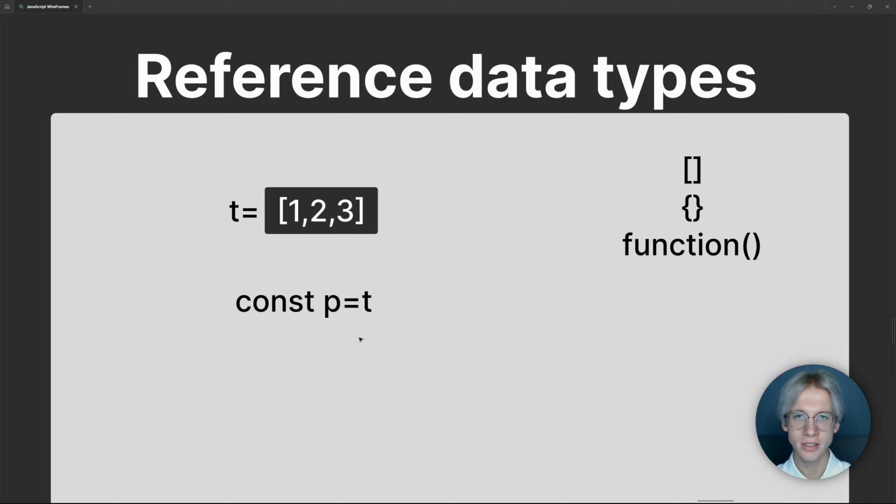So in this case, JavaScript tries to find the variable t, then it looks at the data type that this variable has. In our case, this is an array, which is a reference data type. At this point, JavaScript doesn't allocate any new memory for this variable. And then we just point this variable to the previous variable's data. And it means that both these variables, p and t, share the same memory.